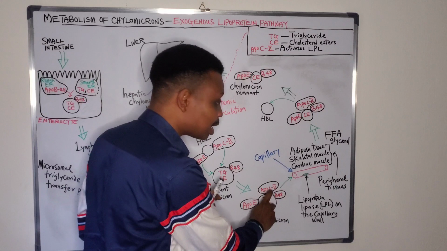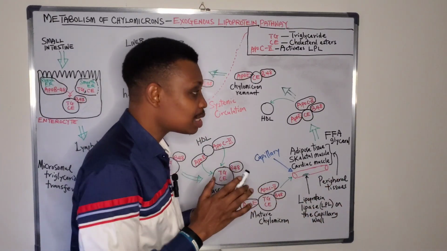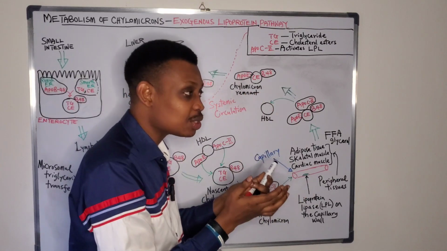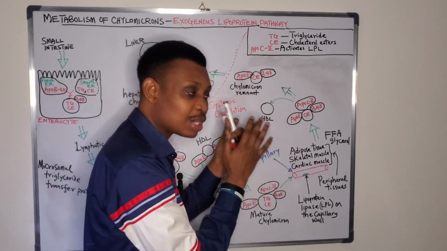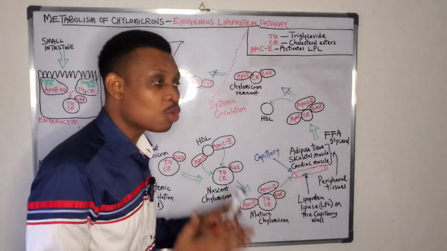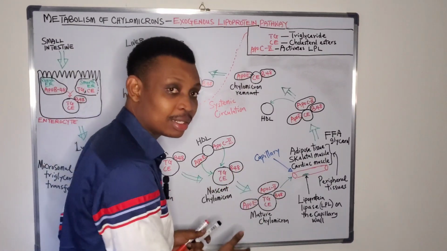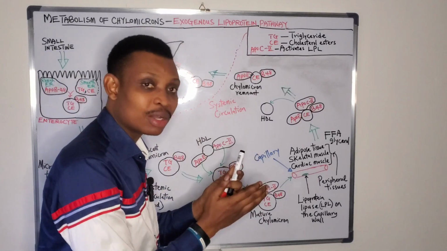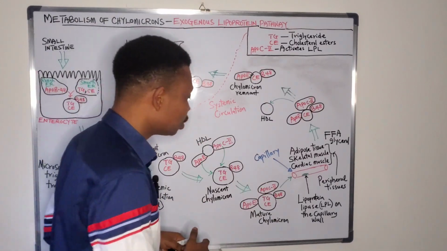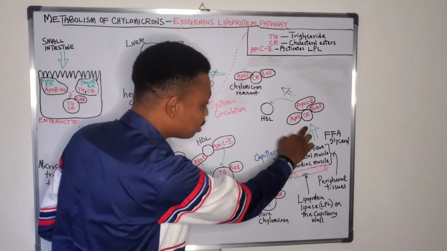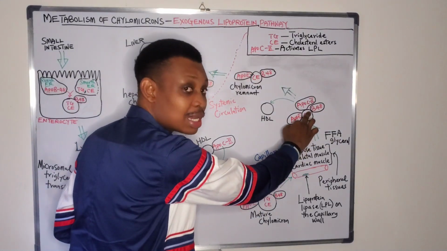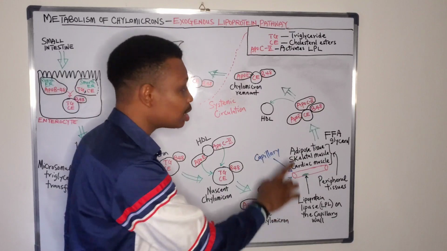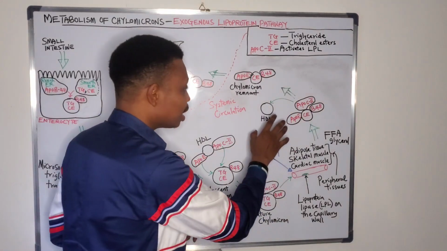Remember, in my last class, I said the size of the lipoprotein particle is dependent on the amount of triglycerides. So once most of these triglycerides have been hydrolyzed, it will result in the shrinking of the chylomicron particle. So you can see the size is now smaller. This is now referred to as the chylomicron remnant.